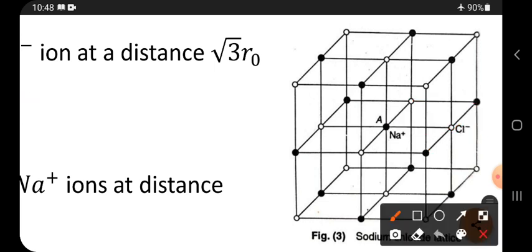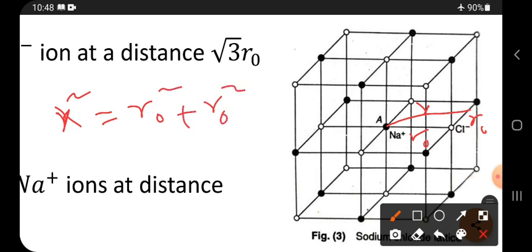According to Pythagoras, this is unknown, right? It is x, r naught, r naught. According to Pythagoras, hypotenuse square equals side square plus side square. Next, hypotenuse square is equal to how much? r naught square plus r naught square, 2 r naught square.